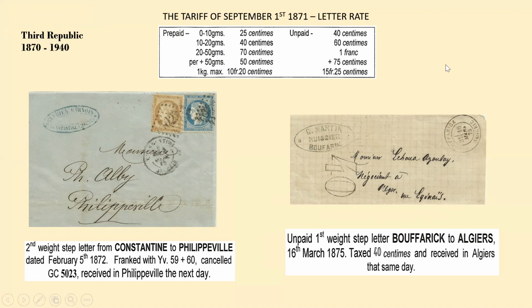The 1871 letter rate, which is well represented here with prepayment on the left with postage stamps, cancelled with the large numeral of 5023, and an unpaid one with a 40 centimes mark. Or it's actually 10 to 20 grams.